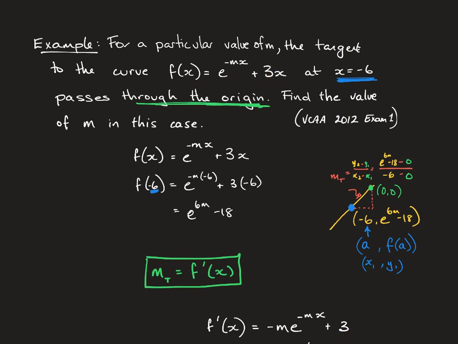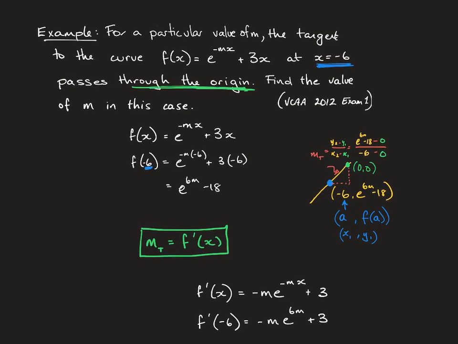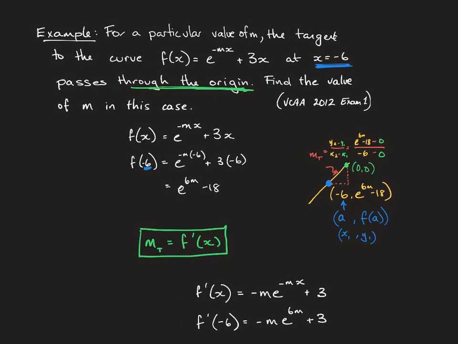When we evaluate that at x equal to minus 6, substituting minus 6 in for our x value here, that becomes a positive 6m. And then we're going to make this equation equal to our gradient at the top.